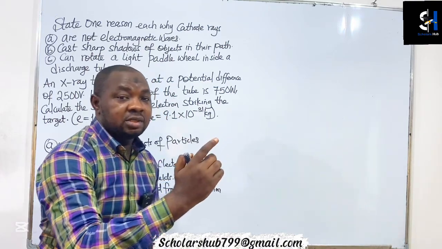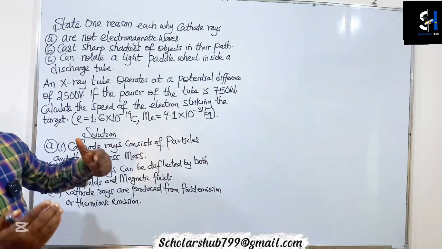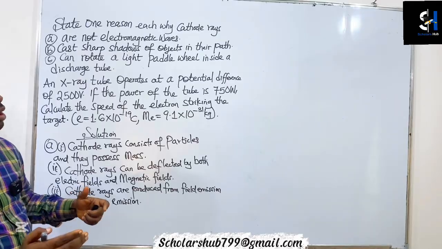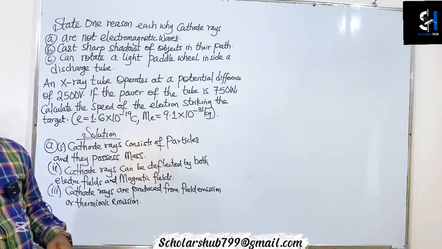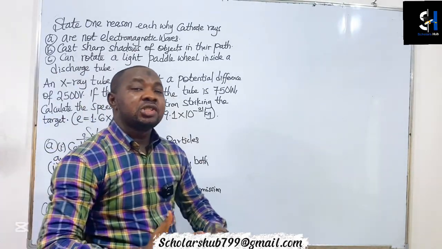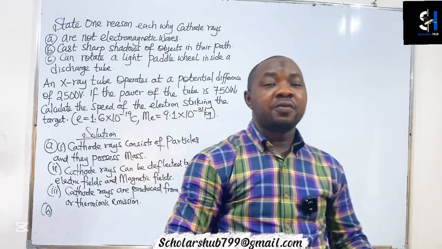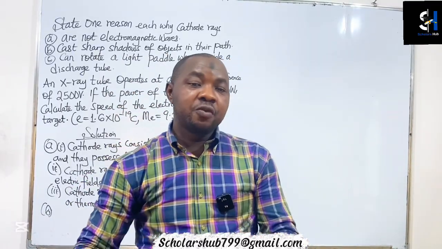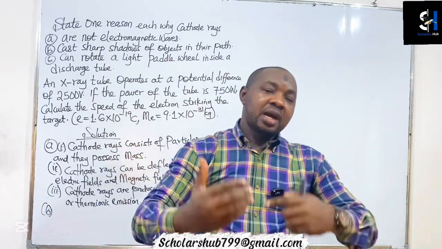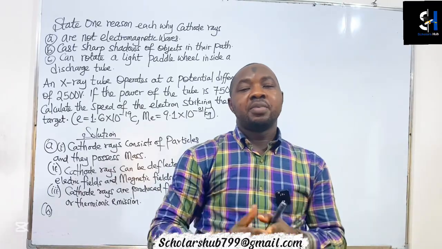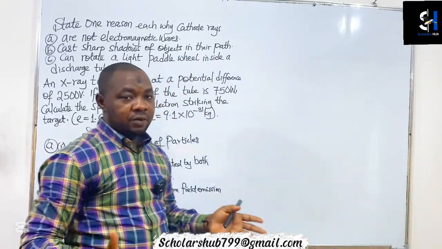For that reason, they will cast sharp shadows of objects in their path. Apart from that, because cathode rays consist of a stream of fast moving electrons, they can be blocked by an opaque object for that reason as well.